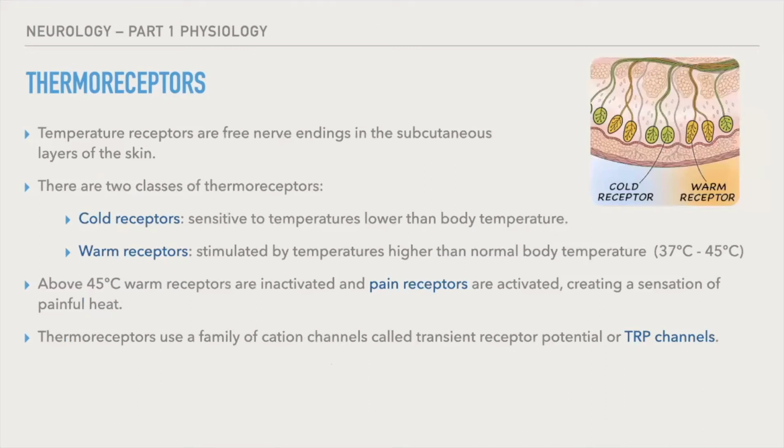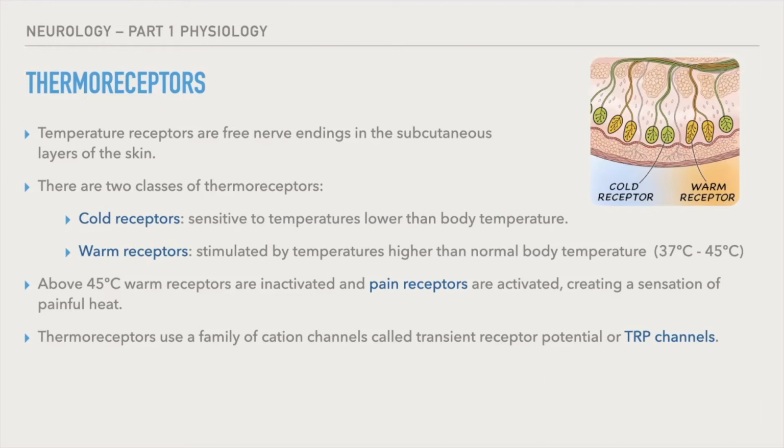Thermoreceptors are slowly adapting receptors that detect changes in skin temperature. There are two classes of thermoreceptors, the cold receptors and the warm receptors. The cold receptors are sensitive to temperatures lower than body temperature, while the warm receptors are stimulated by temperatures higher than body temperature.